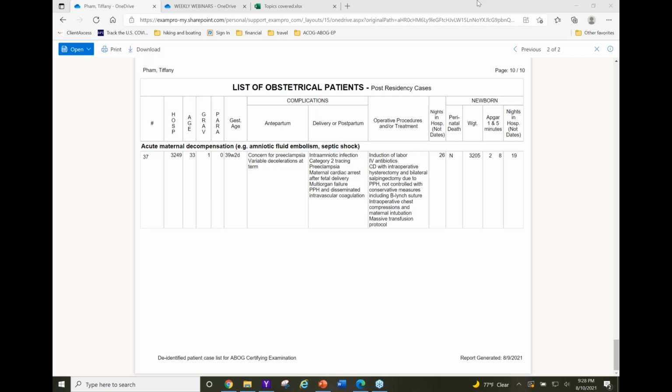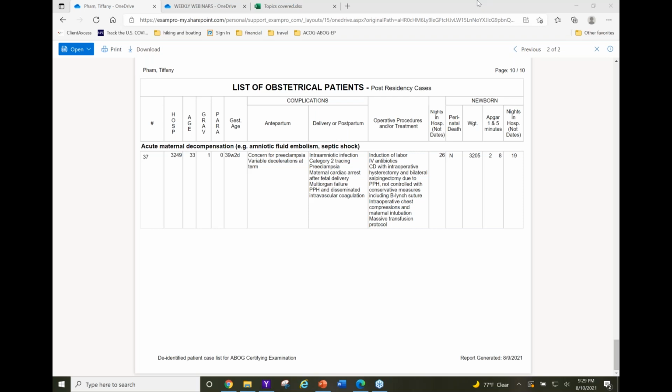So let's continue on. Let me ask you a couple of other questions here. When the patient went into cardiac arrest, that was after the fetus had been delivered. Yes. Okay. And you mentioned amniotic fluid embolus. What can you tell me about amniotic fluid embolus?